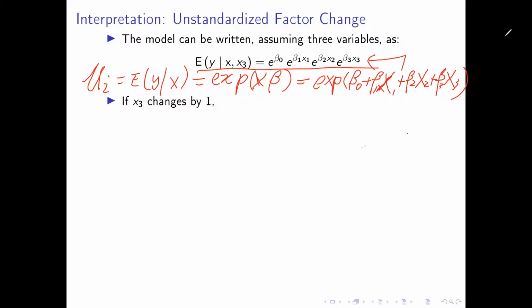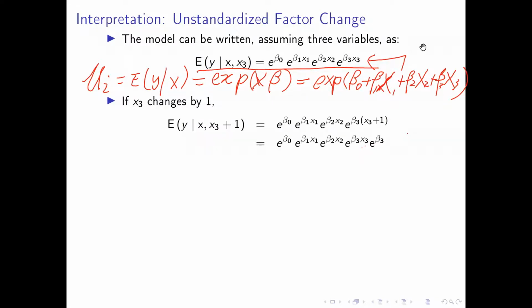Here, what I'm going to do is I want to change x3 by 1. That is, I'm going to increase the value of x3 by 1. Now I want to know what's going to happen. So I increased the value of x3 by 1 unit.